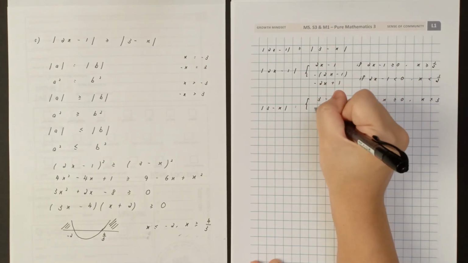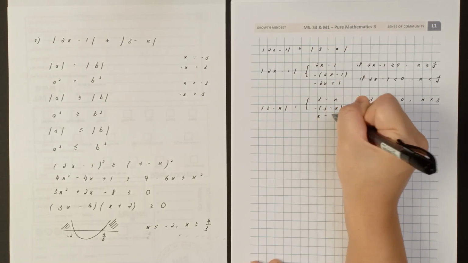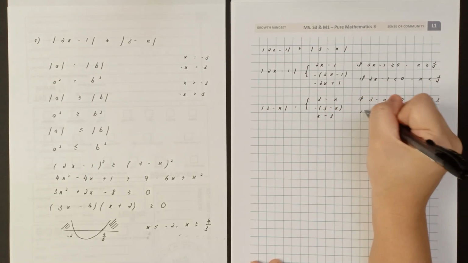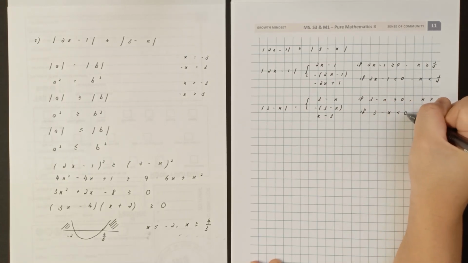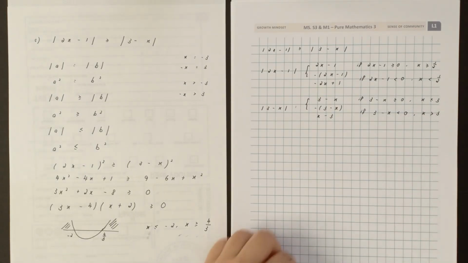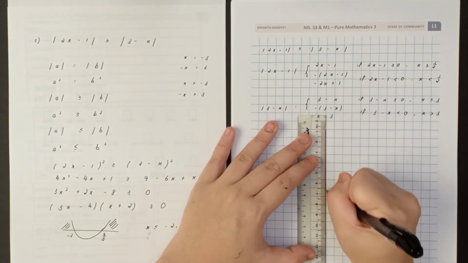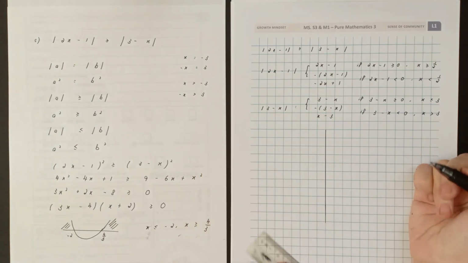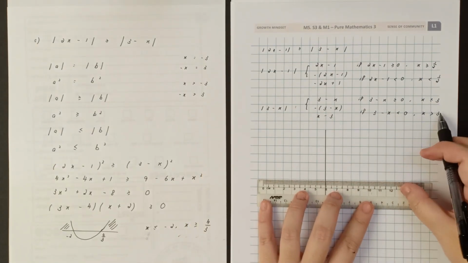The other one is negative of 3 minus x, which is x minus 3, if 3 minus x is negative, meaning x should be greater than 3. Now we are going to draw it in the graph. So 1, 2, 3, 4, 5. Maybe I'll put it over here.